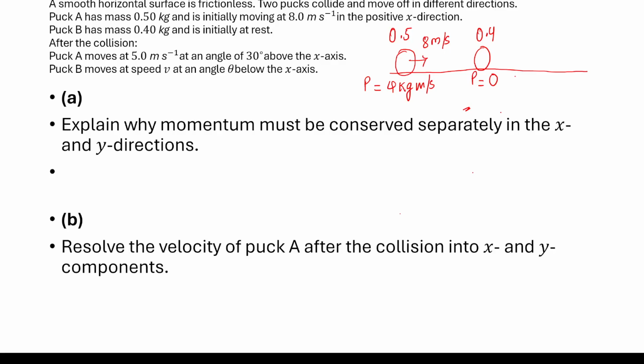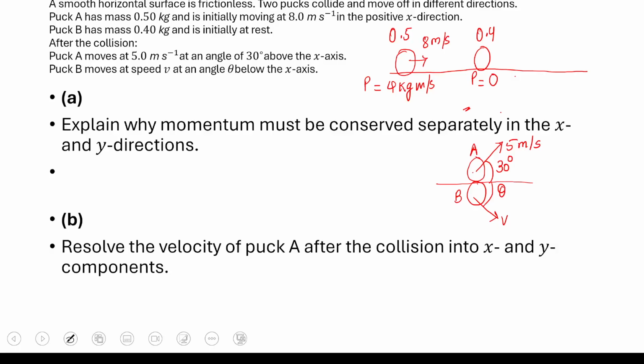So this is my puck A moving at 5 meters per second at 30 degrees to horizontal. Puck B moves at V at angle theta, so this is A and this is B. It is moving at V at angle theta to the horizontal.